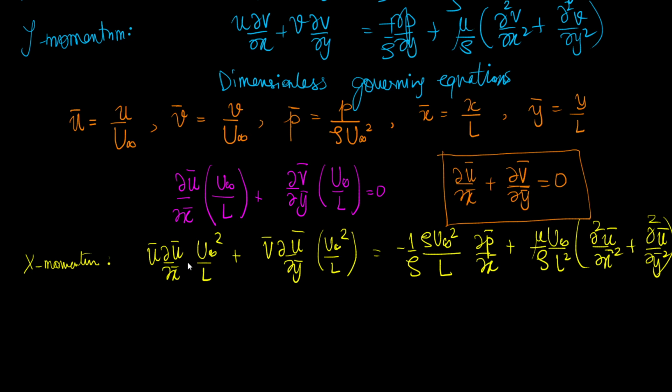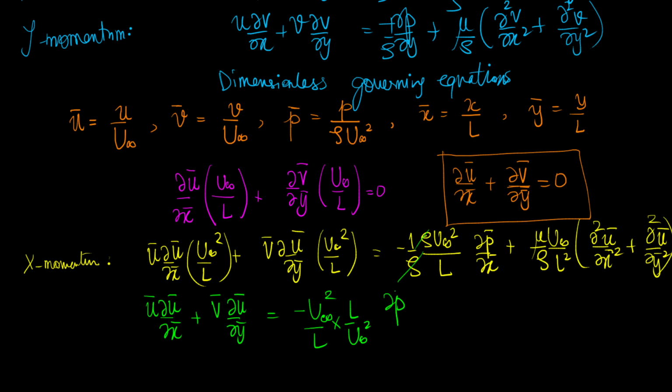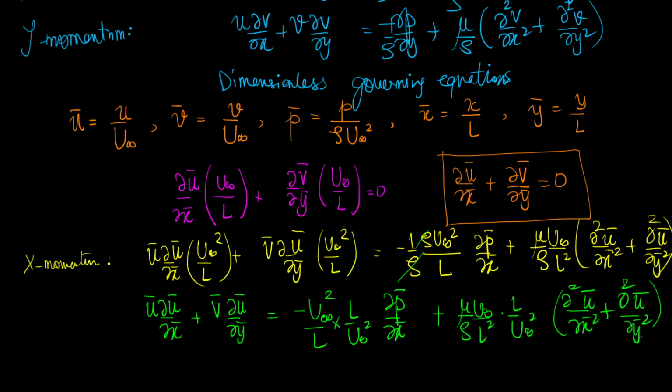So we obtain u bar ∂u bar/∂x bar plus v bar ∂u bar/∂y bar is equal to, so this rho cancels out, minus u infinity square upon L times L upon u infinity square ∂p bar/∂x bar plus mu by rho, u infinity by L square times L upon u infinity square, (∂²u bar/∂x bar² plus ∂²u bar/∂y bar²).